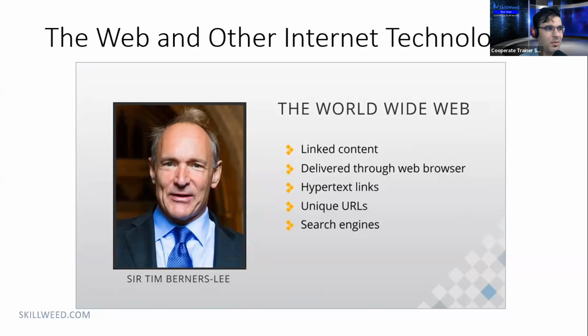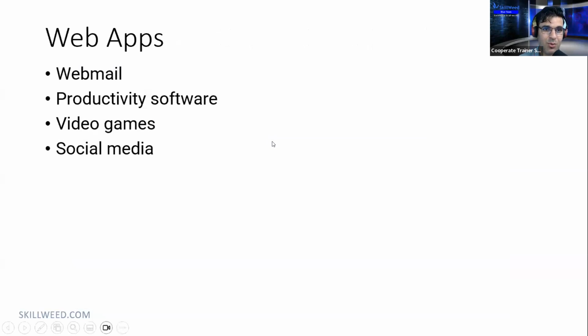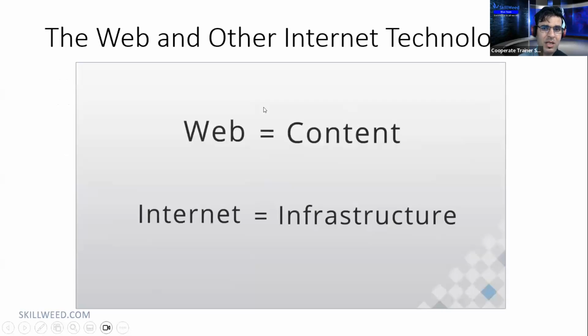These are some names that you should know about the inventions that we are actually using. At least we should know who created them and who's behind them. So the web applications, webmail, productivity software, video games, social media content.